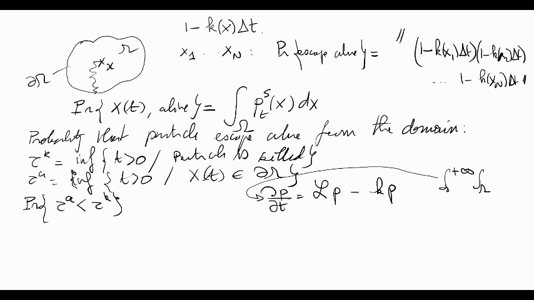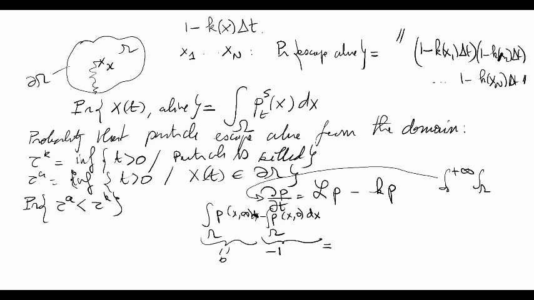The first term, integrated from 0 to infinity, gives p of x at time infinity minus p of x at 0, and now we have to integrate dx over the domain. The probability that the particle escapes is 1, so at infinity this should be 0, and at 0 for sure the particle is in the domain, so this is precisely minus 1.